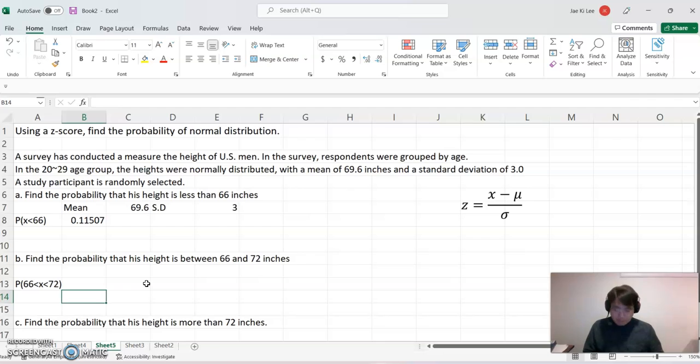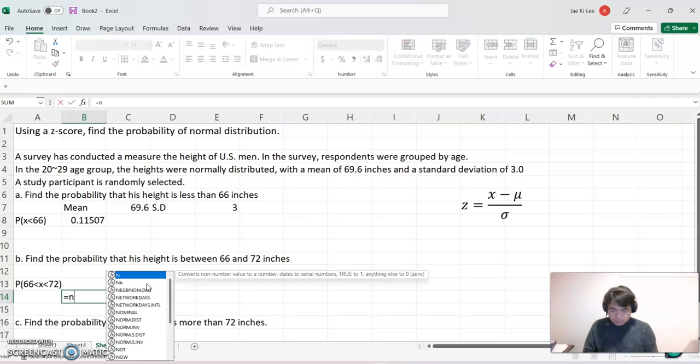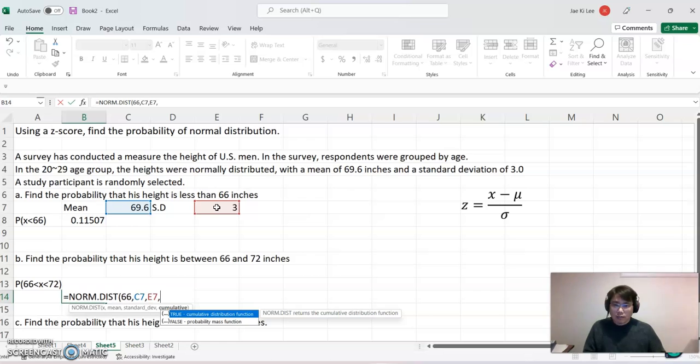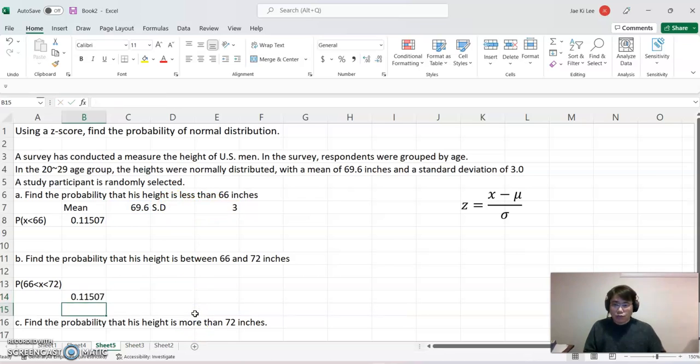If you look at my Excel video, Excel 6.1, it explains why we need to do so. Now equal to norm distribution, 66 comma, the mean comma, the standard deviation comma, cumulative true, and enter.